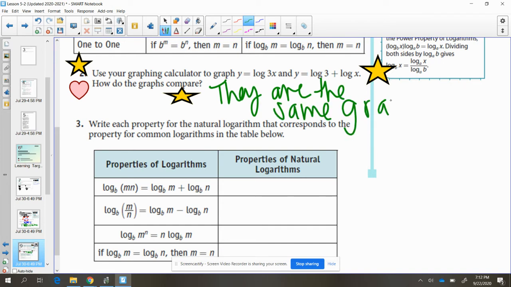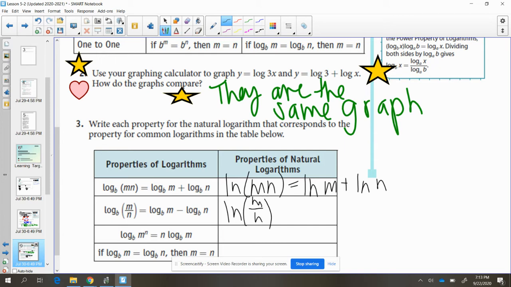Now, these log properties are also going to hold for our natural log. If we rewrote them as natural logs, we're basically just changing all of these to have ln instead. So ln of m times n is going to equal ln of m plus ln of n. And then ln of m divided by n is ln of m minus ln of n.